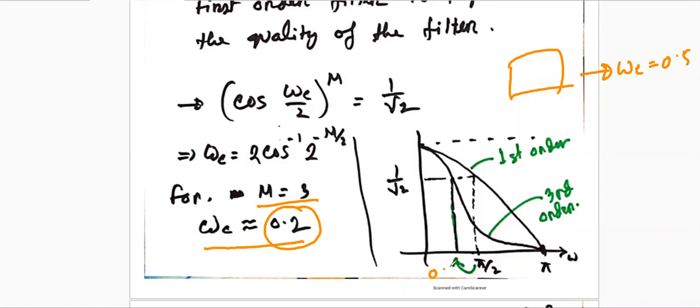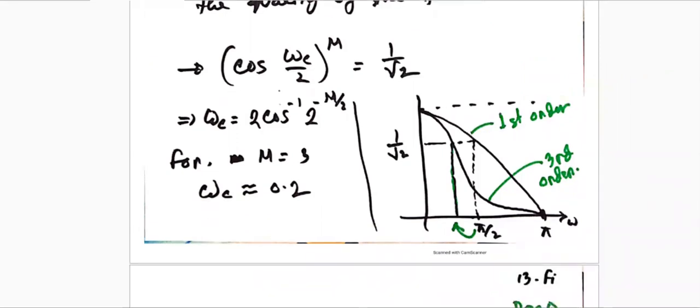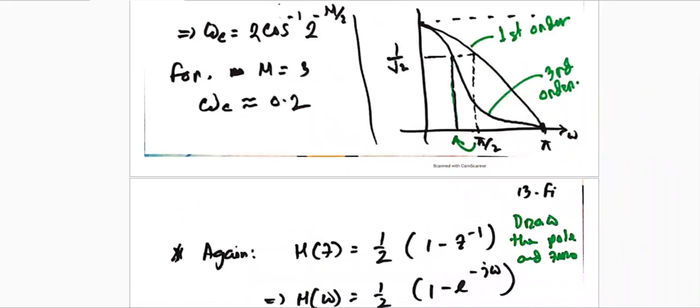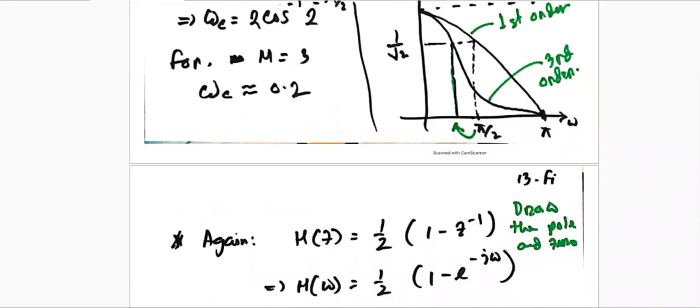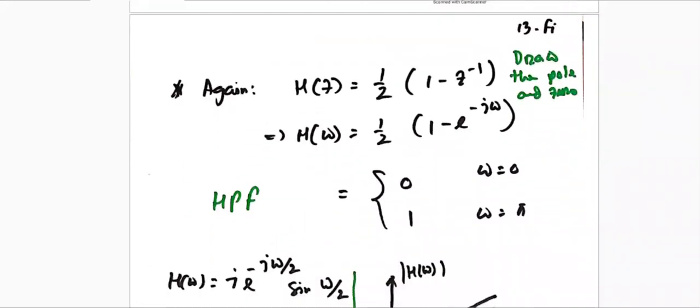So now this is 0.2 by cascading those. So if someone asks you how to improve the quality of the filter, of course you can say, okay, the simple method is by cascading the filter. Okay, we can move to the next section as well.